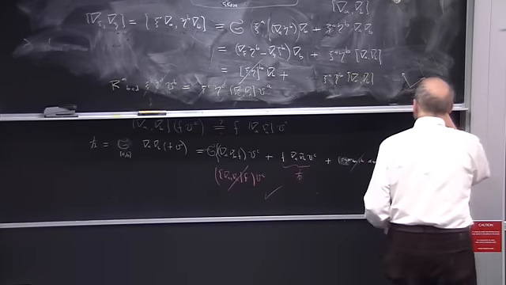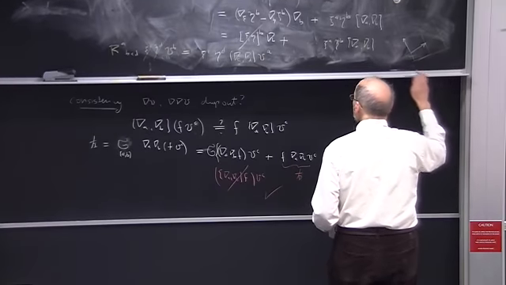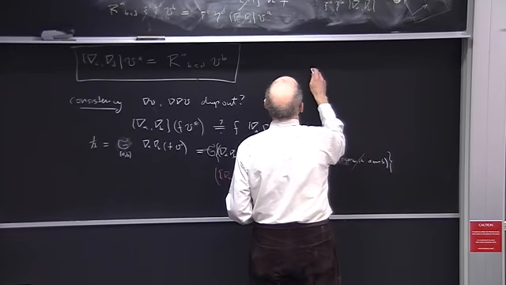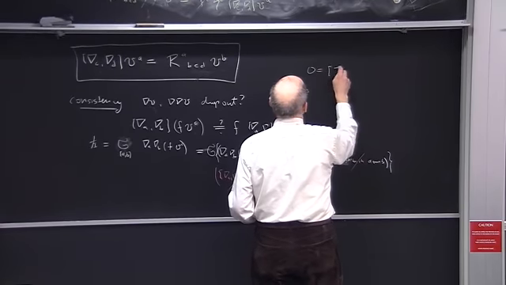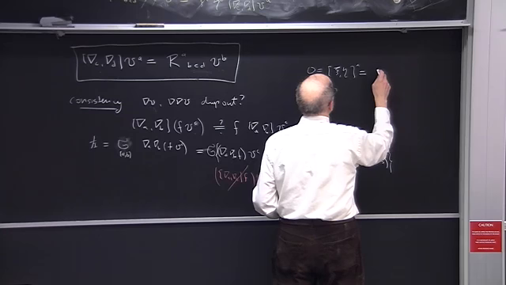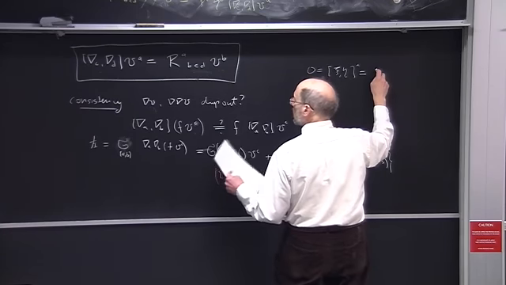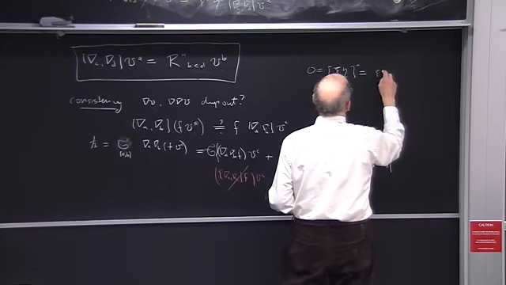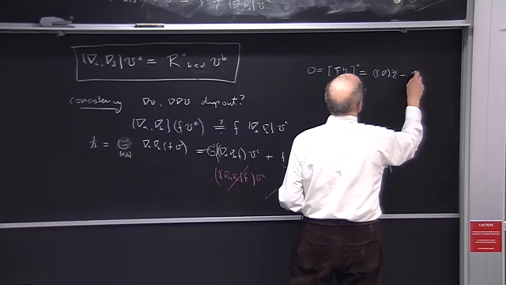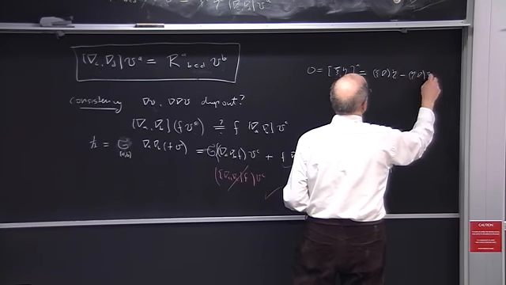The formula said that they mesh if and only if the commutator was 0. That's C dot grad acting on eta minus eta dot grad acting on C.